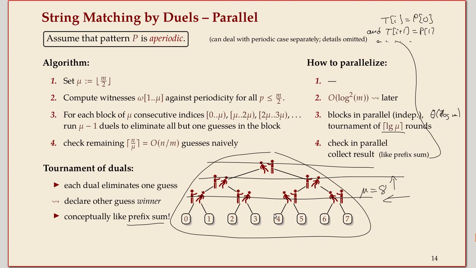You can replace the sum by any operation that's associative, and and is one such. All right. So that was theta log m time for step 3, and also theta log m time for each of the guesses. And we can do all the guesses in parallel. So it's also for this one, theta log m time in parallel.